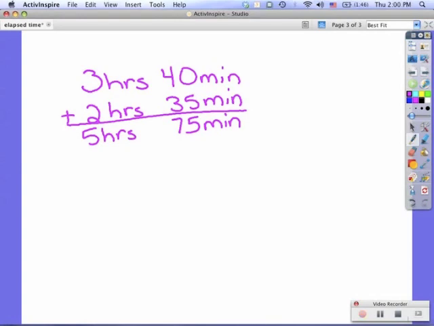And working with conversions or any type of measurement of time, of capacity, you always want to start out by asking yourself, I'm dealing with minutes and hours. How many minutes are in 1 hour? There are 60 minutes in 1 hour, which means I could never have a 75 here because once I hit 60, I'm up a whole hour.